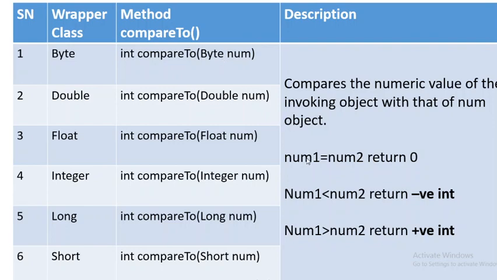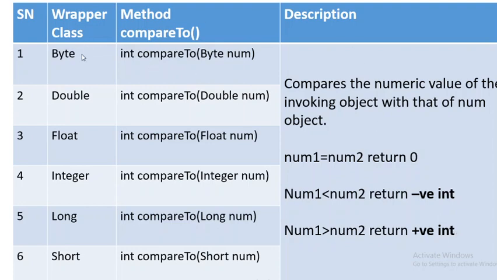Let us consider the invoking object is num1 and the argument object is num2. If both of these objects are the same, then the return value will be 0. If the invoking object is less than the argument object, then the return value will be negative. And if the invoking object is greater than the argument object, then the return value will be positive.